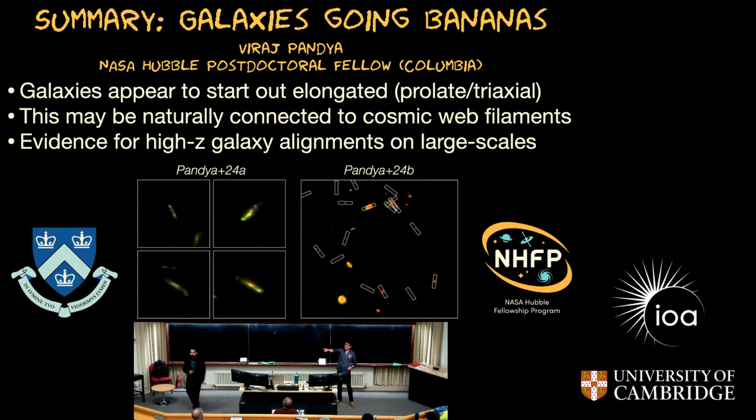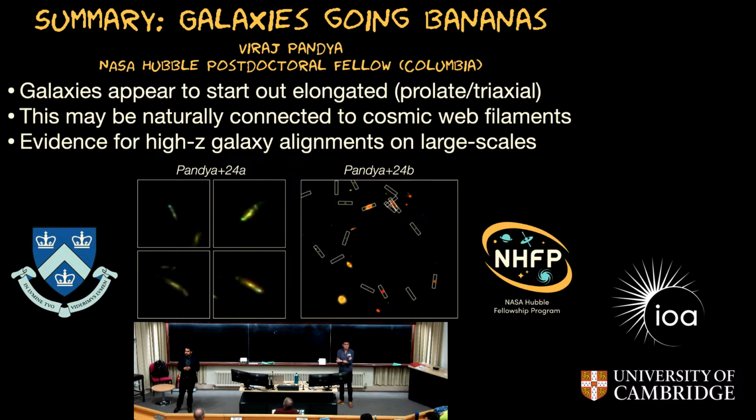Okay, we have a question on the right-hand side. Can the banana galaxy go back to its original form? That's a great question. So can a banana galaxy go back to its original form? What we think right now, the current working theory, which you may be the one to prove or disprove, is that galaxies actually start out like bananas because they're forming along these filaments of the cosmic web.